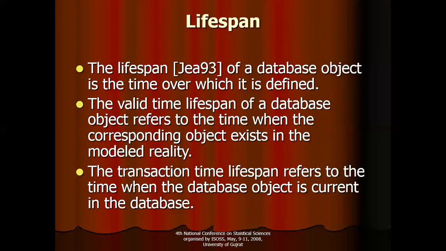An employee works in the organization, and for how long that employee works in the organization is the total lifespan. The valid time lifespan of a database object refers to the time when the corresponding object exists in the modeled reality. So when we talk about valid time, it always represents when the fact is true in the given reality.